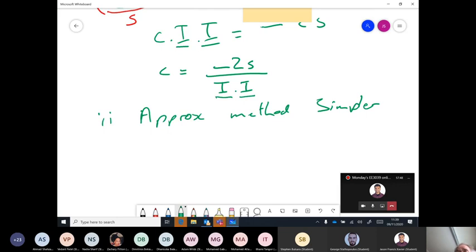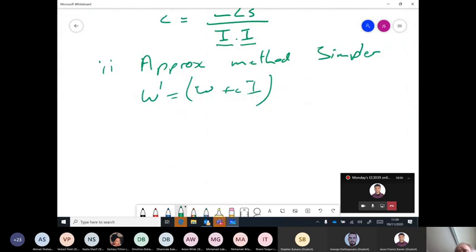Now, the approximate method, we're still using the update W prime equals W plus C I. But instead of having a variable correction factor, let C equal plus or minus 1, depending on the sign of the error.